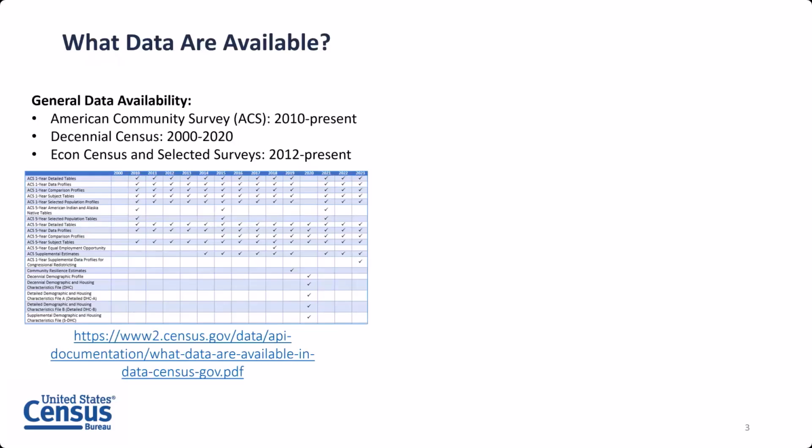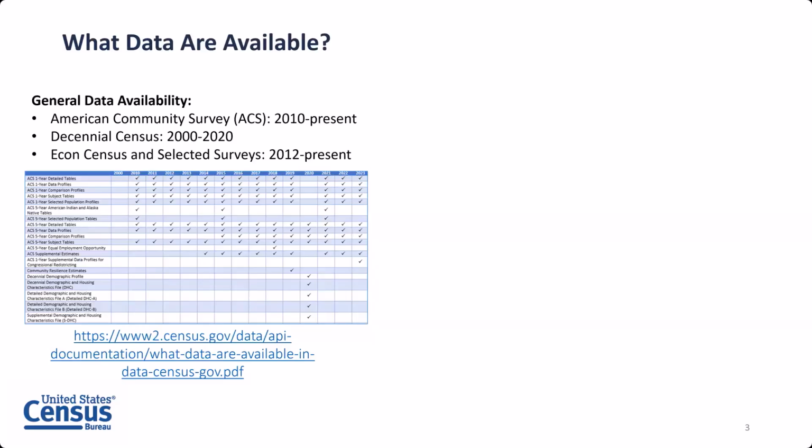To get started on a very basic level, we get questions from folks wanting to know what data are available on our site, and even questions about what data.census.gov is. We are the primary platform to get data from the U.S. Census Bureau. What that means is we have data from the most popular surveys and programs.